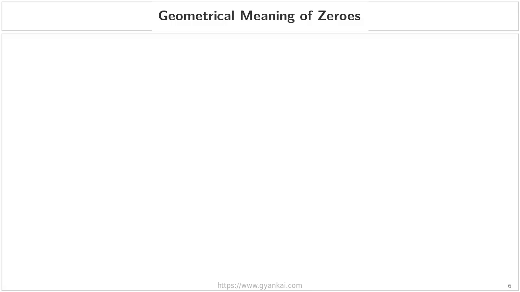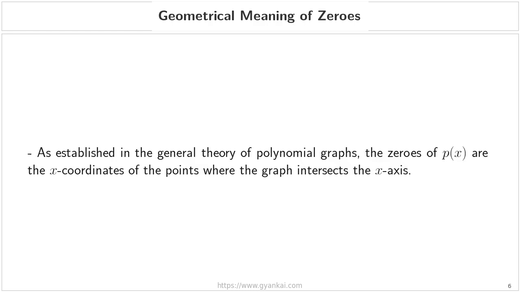Geometrical meaning of zeros. Now that we understand how the shape of the parabola is determined by the coefficient, let's connect this visual shape back to the concept of zeros. As we established earlier in our study of polynomial graphs, the zeros of p of x are simply the x-coordinates of the points where the graph meets or intersects the x-axis.